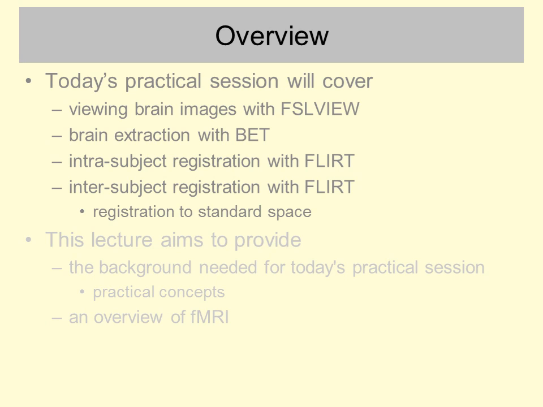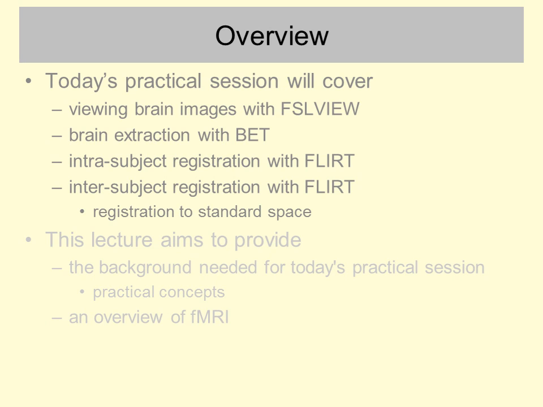Then you'd use FLIRT to match up those two images to make a point-by-point correspondence between them. Another example would be if you've got the high-resolution anatomical image from the MRI scanner and you want to make a point-by-point mapping of that with the low-resolution functional data from the same MRI scanner and the same person.